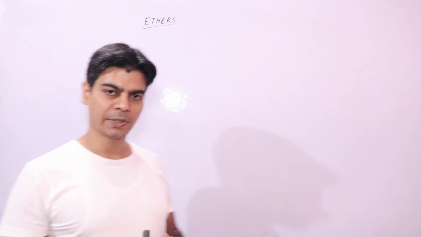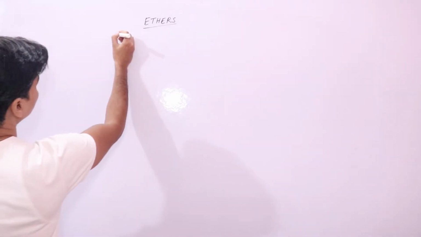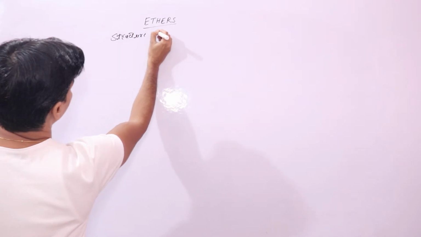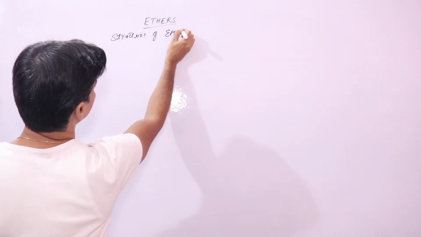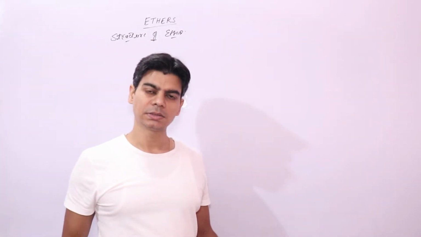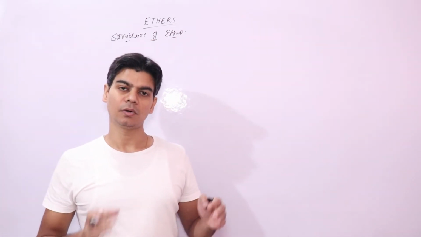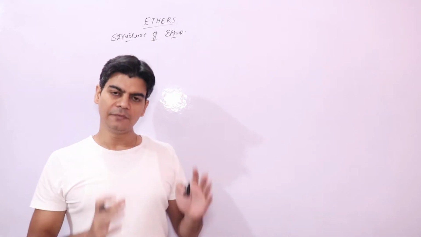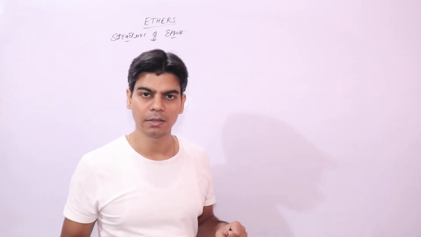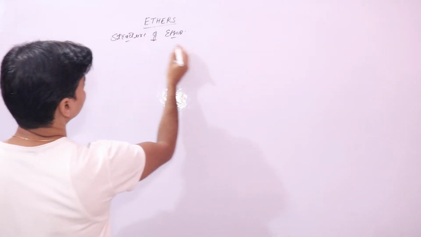Now in this lecture we will talk about the structure of ethers. In the previous lecture we said that ethers can be considered derivatives of water in which hydrogen atoms are replaced by alkyl groups, like this.